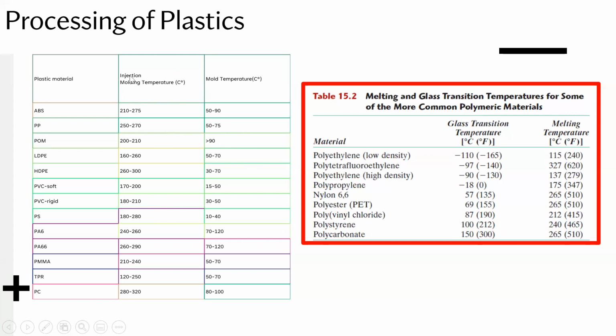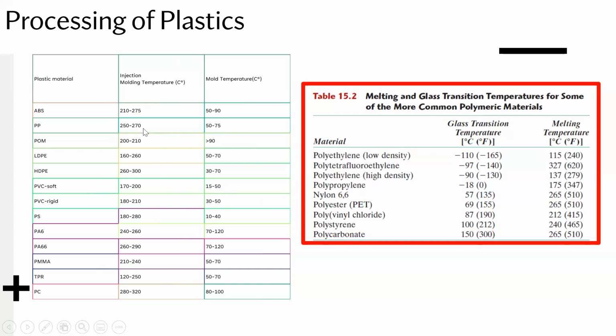For this particular process, and it'll be clearer when we get to injection molding, there's a processing temperature, which is a temperature at which you want to really have the polymer elevate to. And then you've got the mold temperature. You cool it down for it to go back to its stable state. So those are two different temperatures.